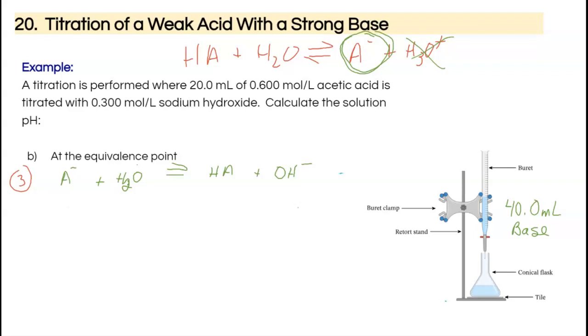So the issue is that what I have here is a base dissociation. In order to proceed, I need to know a couple of pieces of information. I know that I have the Ka for this, but what I really need is the Kb, the base ionization constant for A minus.